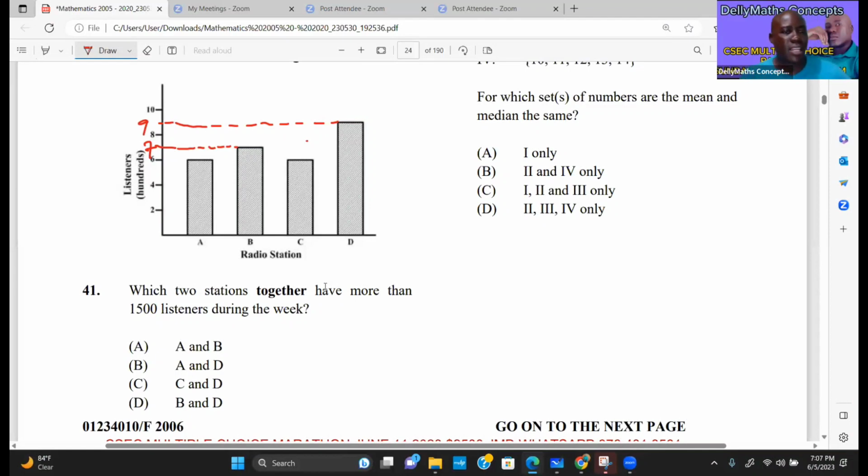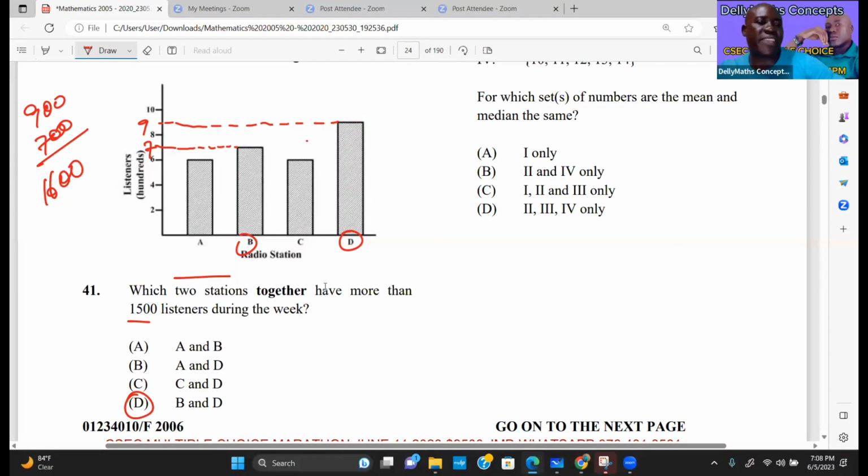You could say that's a 9. You want to see which ones you could add to get more than 1,500. It's B and D, because if I have that 900 and I add that 700, I'm getting 1,600, and that is more than 1,500. So the correct answer is B and D together.